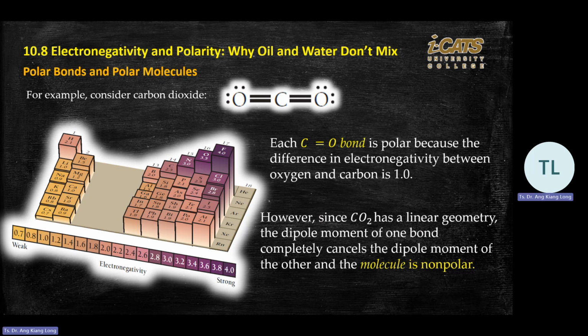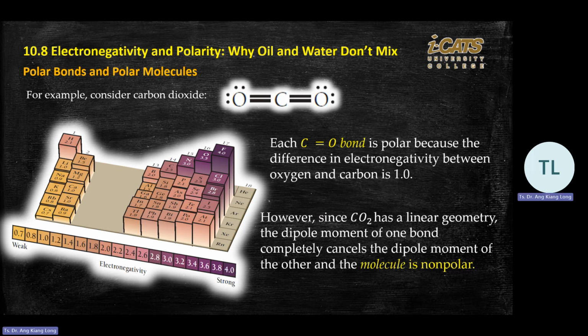Got two sides, so this side will cancel the other side. It's the same covalent bond, but there are two sets. They will cancel each other and it will become a non-polar molecule.